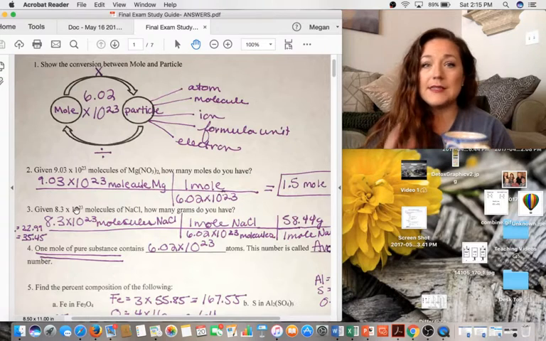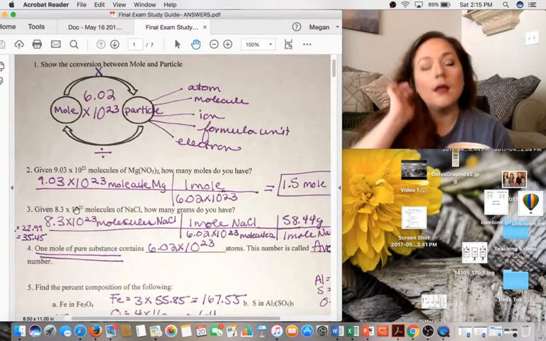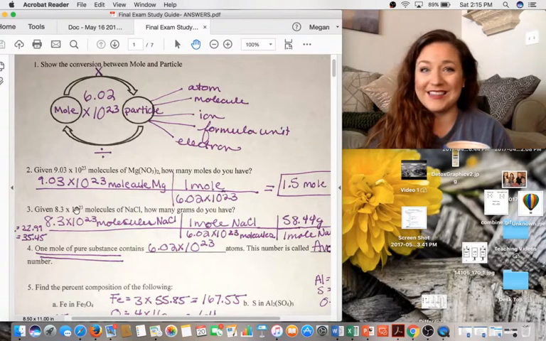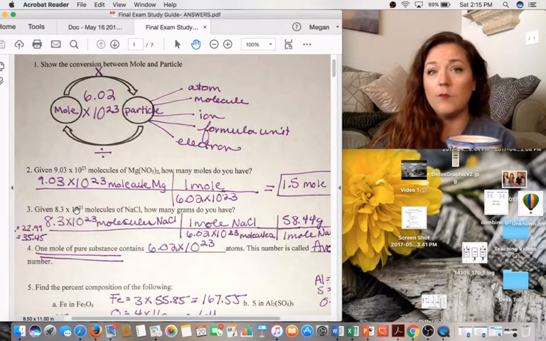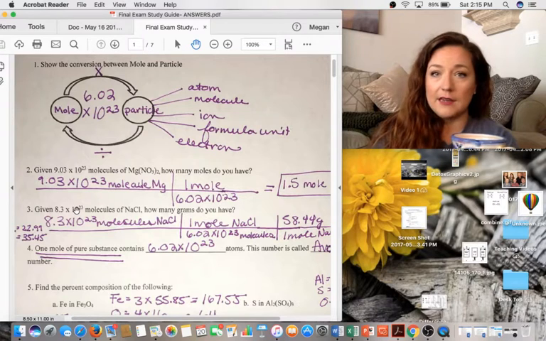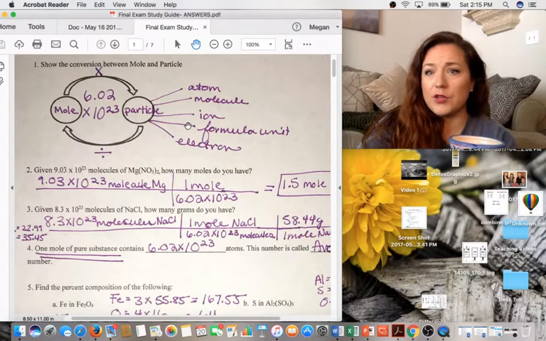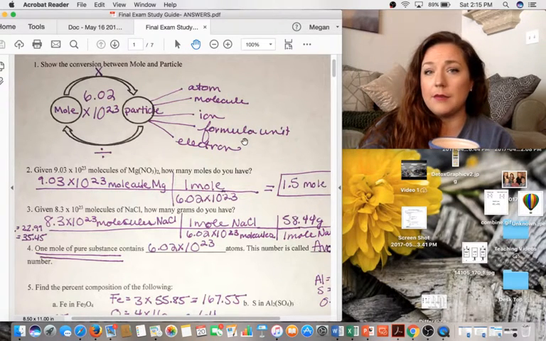There are always set numbers, meaning that whenever I have a mole of anything in this whole wide world, if it's a mole of coffee, if it is a mole of H2O, a mole of eggs, I'm saying that I have 6.02 times 10 to the 23rd power of those items. So remember that when you're talking about particles, the words atoms, molecules, ions, formula unit, and electrons can be able to describe a particle.